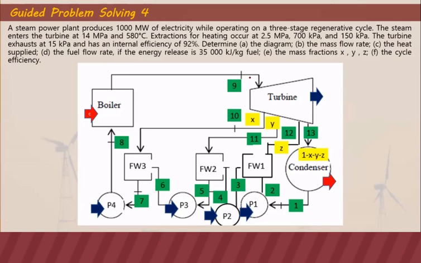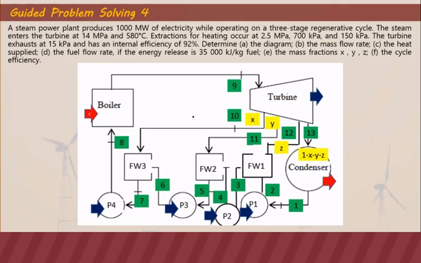And extraction occurs at 2.5 megapascal, so this is at point 10. 700 kilopascal at point 11. And then extraction at point 12 at 150 kilopascal. And the turbine exhausts at 15 kilopascal, so it exhausts at point 13 at 15 kilopascal.